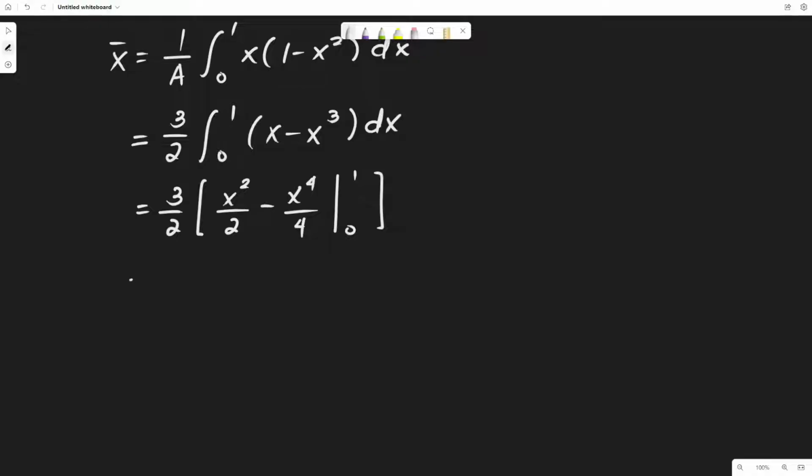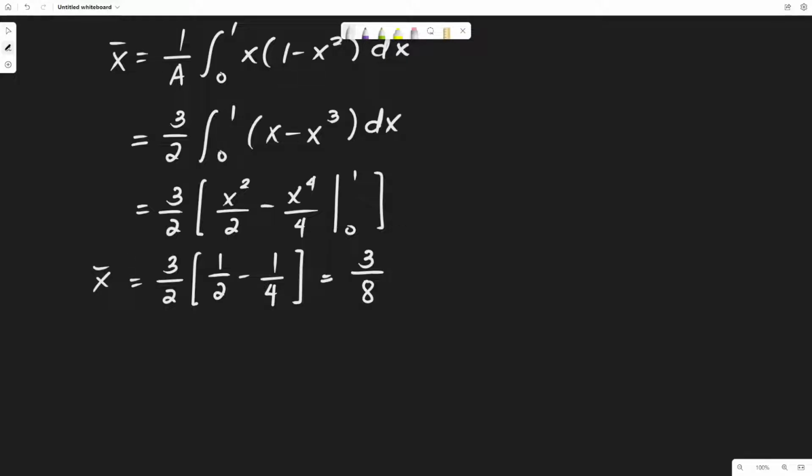So we have 3 halves times 1/2 minus 1/4, minus 0, because 0 is our lower boundary, so I won't write it. Therefore, 1/2 minus 1/4 is 1/4, times 3 over 2, which is equal to 3 over 8. So 3 over 8 is our x bar.